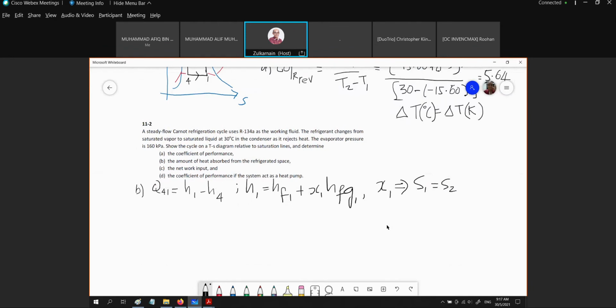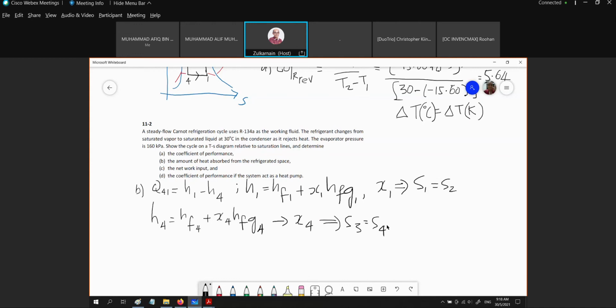We could get H4 equal to HF4 plus X4 HFG4. And in this case, our X4 we could get from S3 equal to S4.